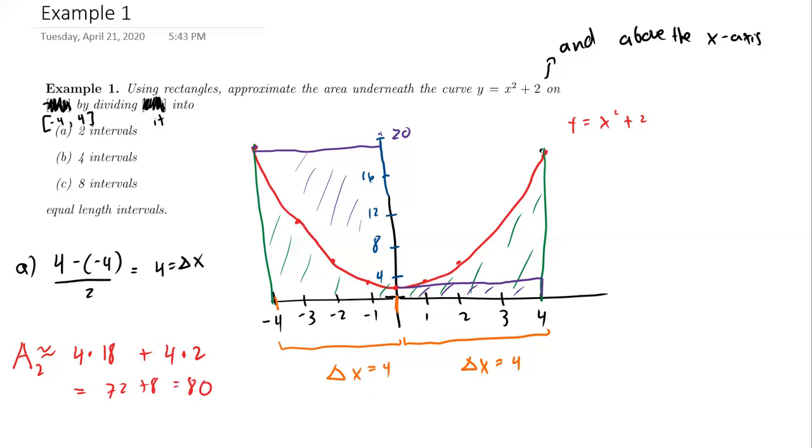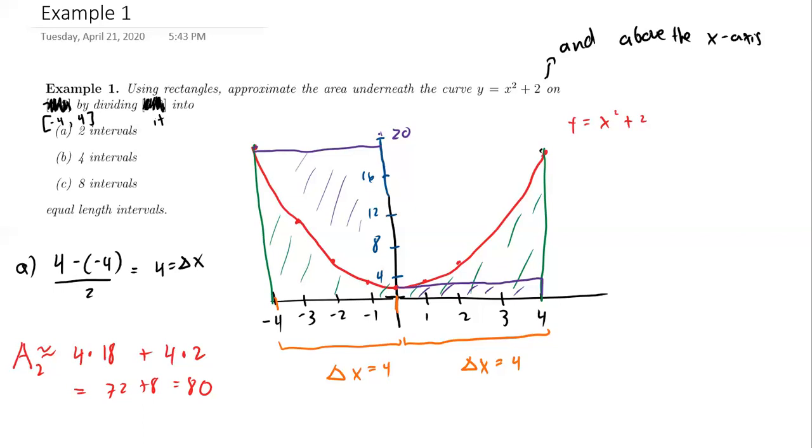So if you want to approximate the area under the curve, just using 2 subintervals of equal length and using rectangles, with the height given by the left endpoint of each subinterval, we get an approximate area of 80. Now, we're going to do the same, but instead with 4 subintervals.